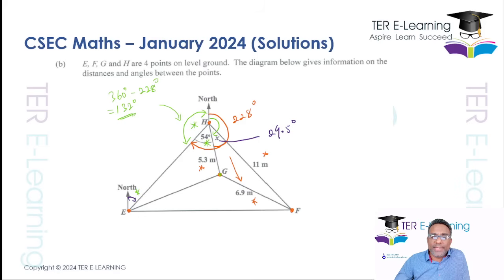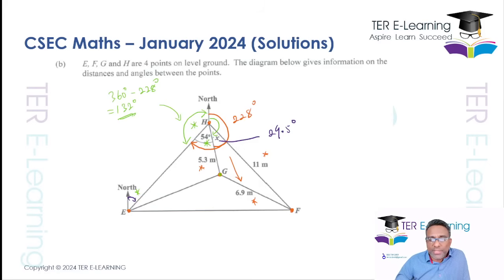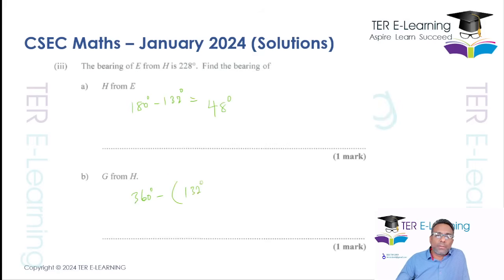This here is 54. So you're going to add up those two angles and subtract from 360. So it's going to be 360 minus the 132 and the 54. So this is 174 degrees.